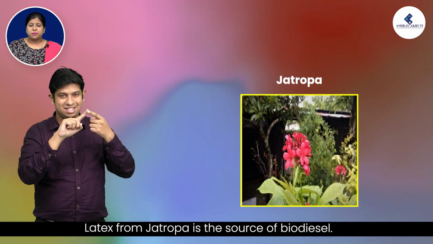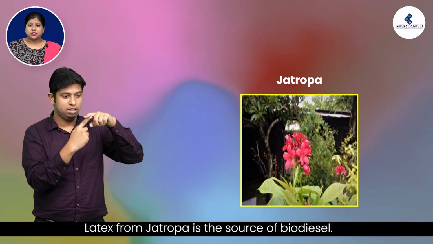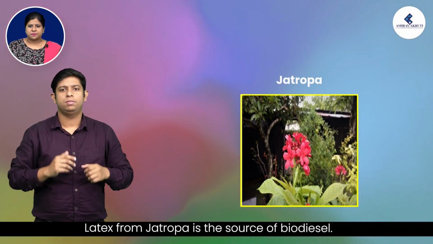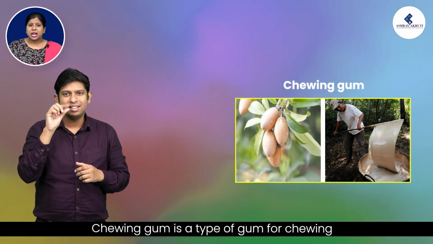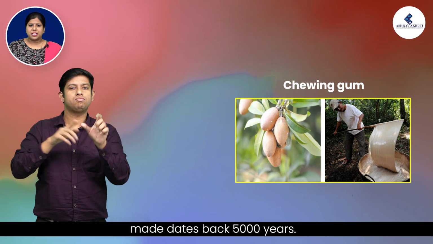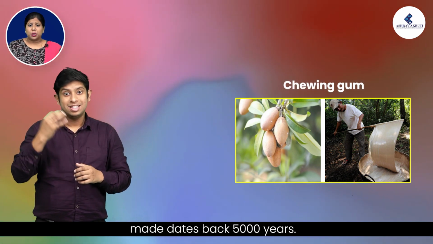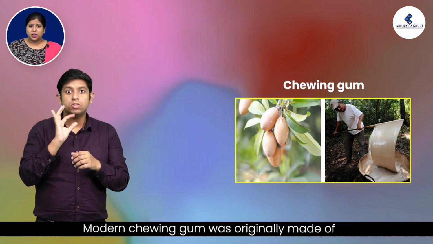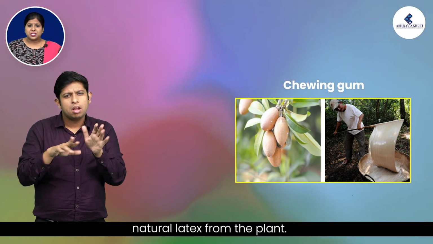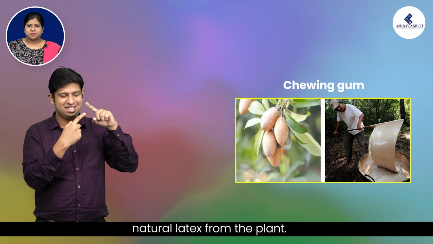Latex from Jatropha is a source of biodiesel. Chewing gum is a type of gum for chewing that dates back 5000 years. Modern chewing gum was originally made of chicle, natural latex from the plant.